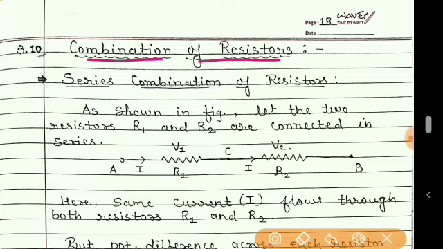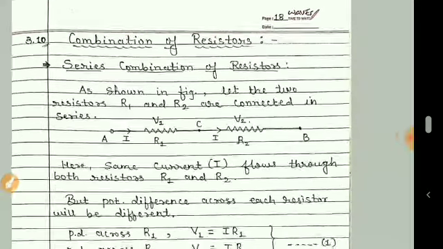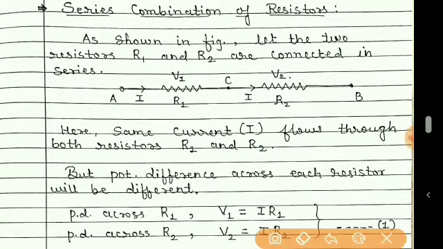First we will study the series combination. The same process is given here as you did in 10th standard. Now here you can see in the figure, between points A and B there are two resistors R1 and R2.